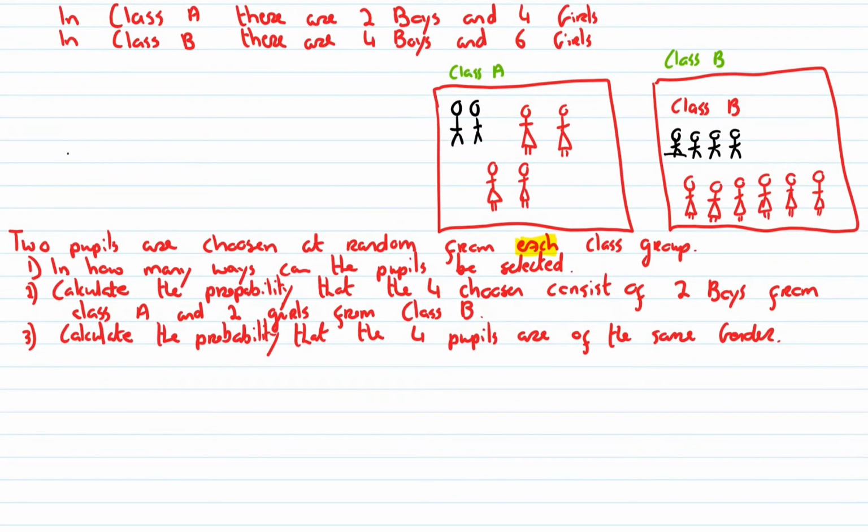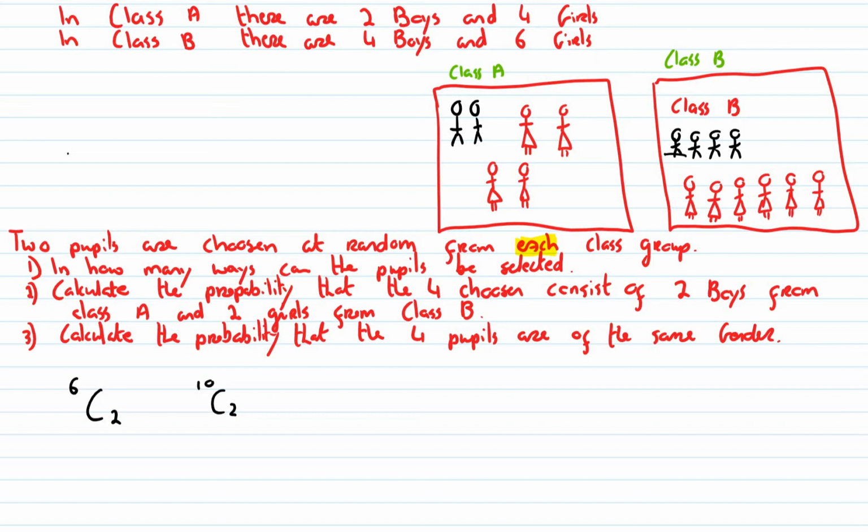Okay, so I have to choose 2 from class A. It doesn't matter what order I choose them, so we're dealing with combinations here. There are 6 in the class and I have to choose 2. That will tell me how many ways I can choose 2 people from 6. And in class B, I'm choosing 2 people from 10.